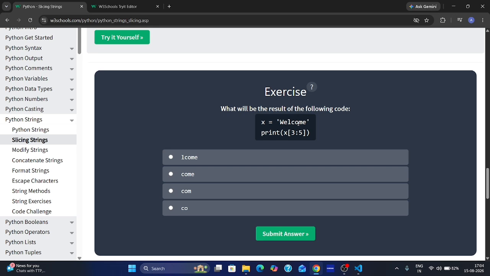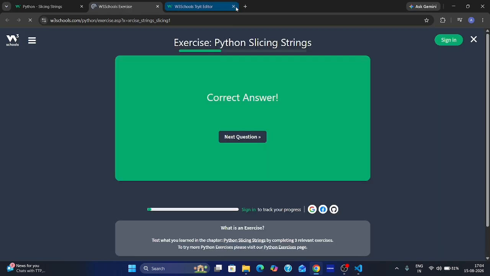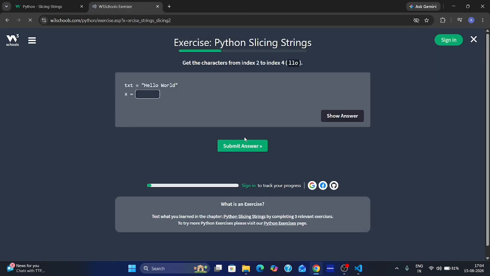But you don't have to take 5. The end point is 5, but you have to take the one previous to that. So CO is our answer. Let's submit. I hope all your answers are CO. So CO is the correct option.